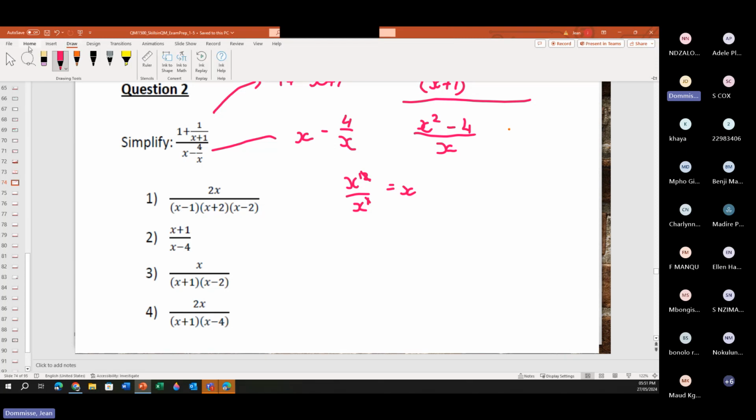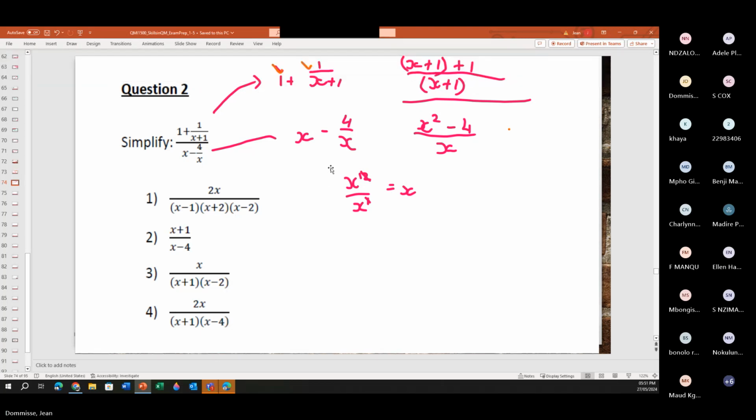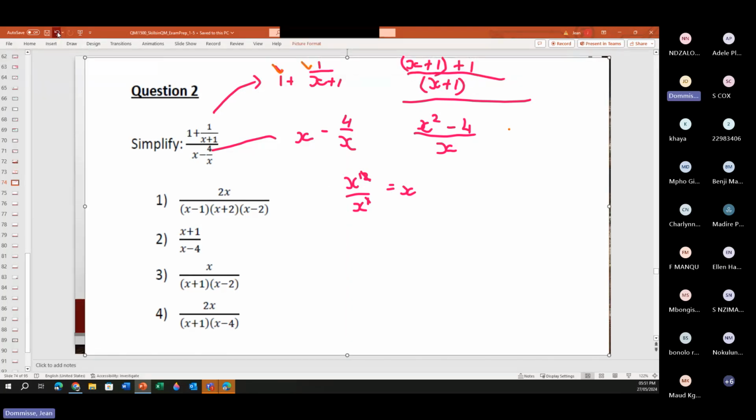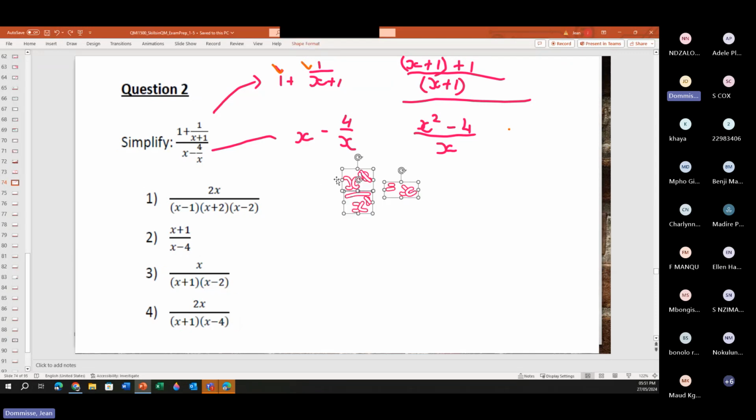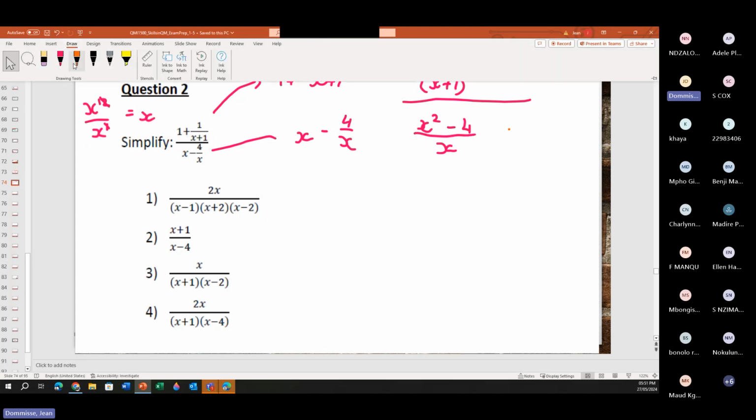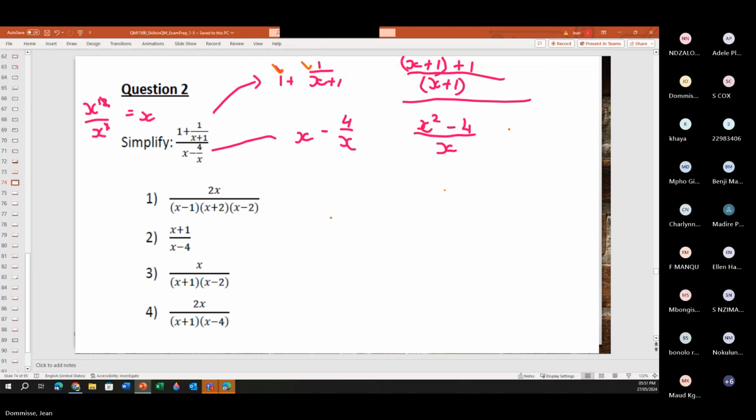So let's continue with making it a bit simpler. I just want to take that to that side, but it's still there. Okay, so let's look at what the next step is. So let's simplify the top.